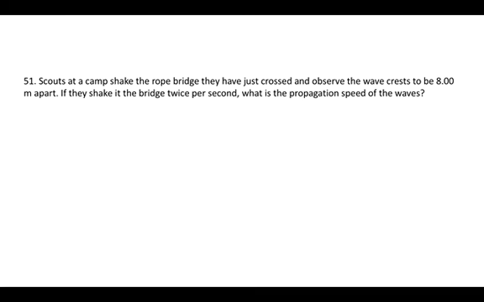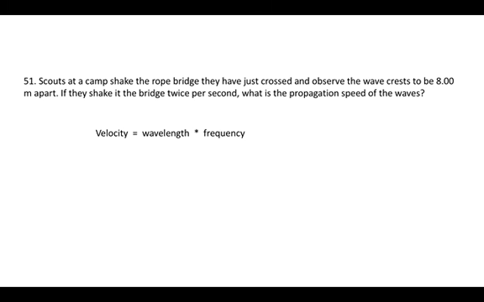The next problem we're going to do is number 51. Scouts at a camp shake a rope bridge that they have just crossed and observe the wave crests to be 8 meters apart. If they shake the bridge twice per second, what's the propagation speed of the waves? Well, the relationship between velocity and wavelength and frequency is given by this formula. Velocity equals wavelength times frequency.